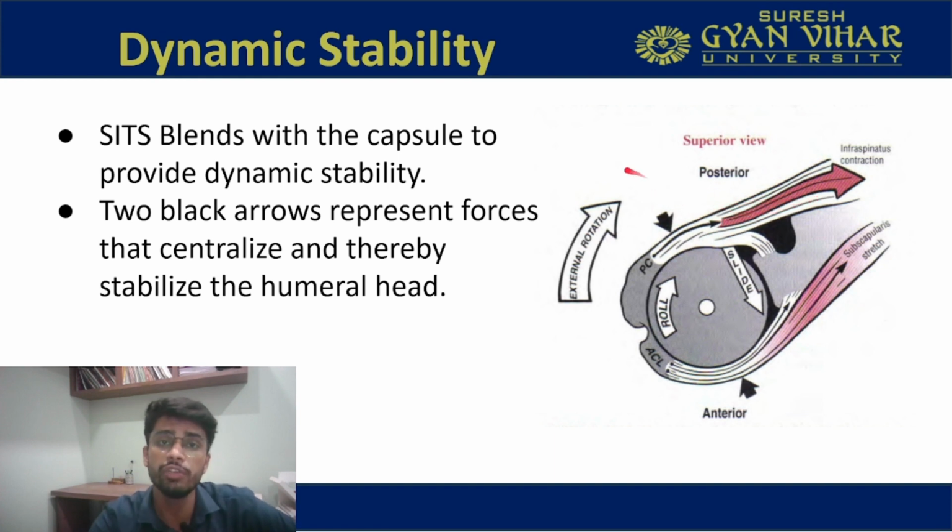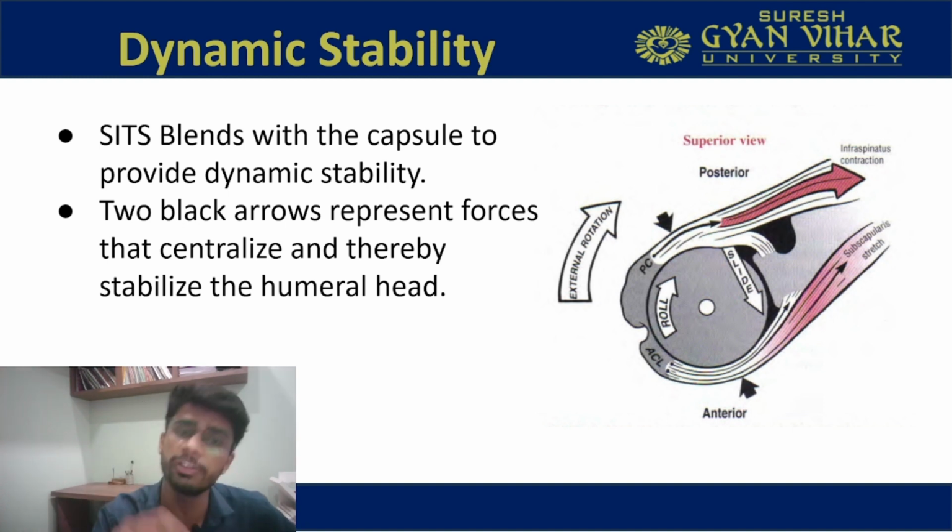You will see there is a force coming from this direction on the anterior side, and from this direction a force coming to the posterior side. These two black arrows depict the forces from the posterior and anterior sides by these muscles, and these will cause the centralization of the humeral head.